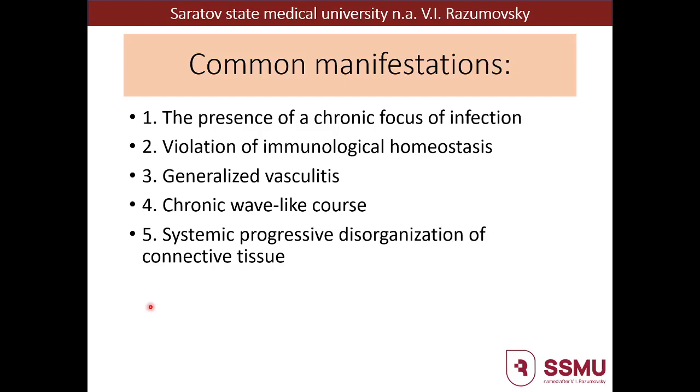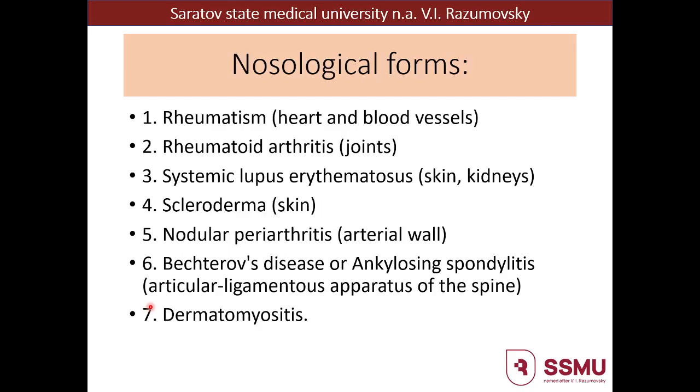I hope you remember something from our previous class about systemic progressive disorganization of connective tissue, because we started to discuss this problem in the topic about stromal-vascular protein degeneration. Today we will review our knowledge about stromal-vascular protein degenerations and add some new steps of degeneration.